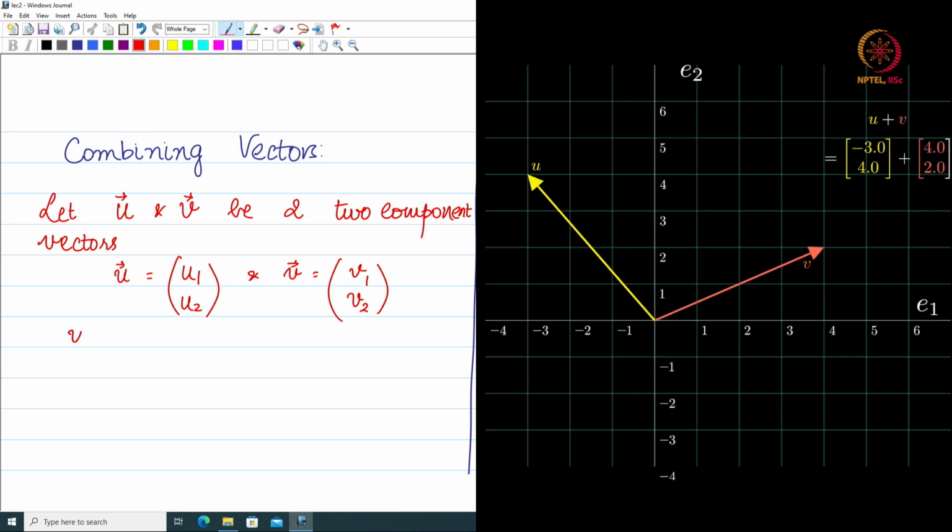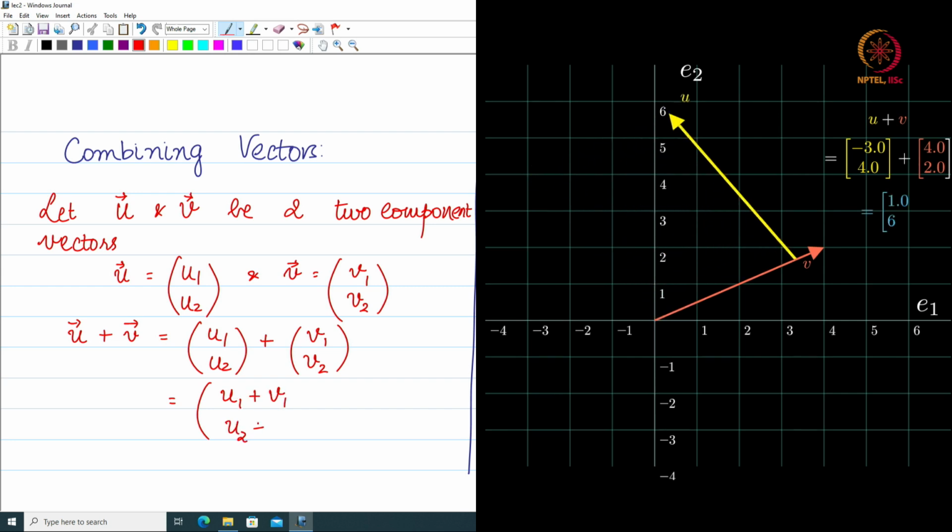I am going to look at u plus v. u plus v is nothing but (u1, u2), the 2 components of the vector, plus (v1, v2). These are real numbers, so just do a component-wise addition: (u1 plus v1, u2 plus v2).